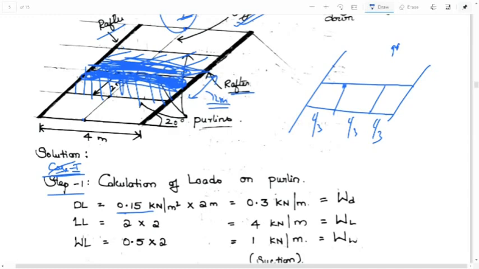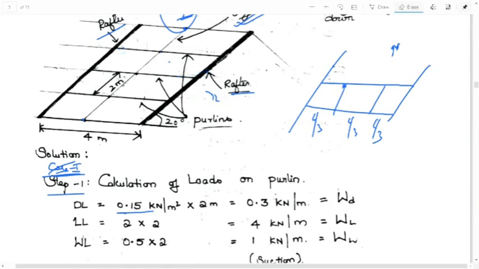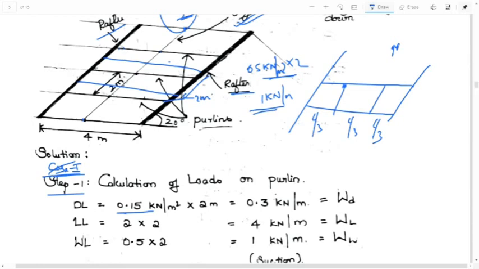So here the load acting is 0.5 kilonewton per meter square. So when you multiply this with 2 meter, you are going to get 1 kilonewton per meter. This is the load that is acting on this purlin as UDL.